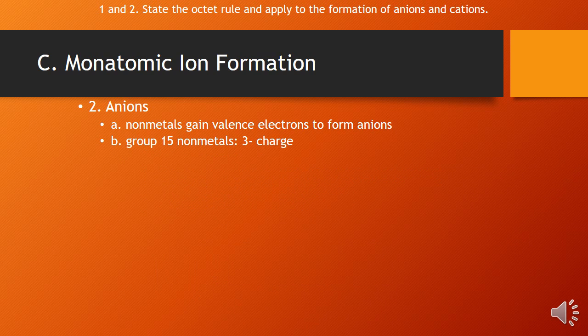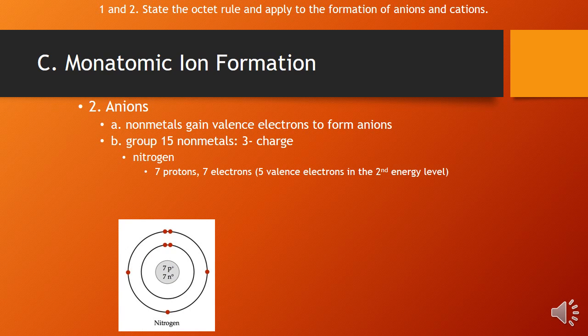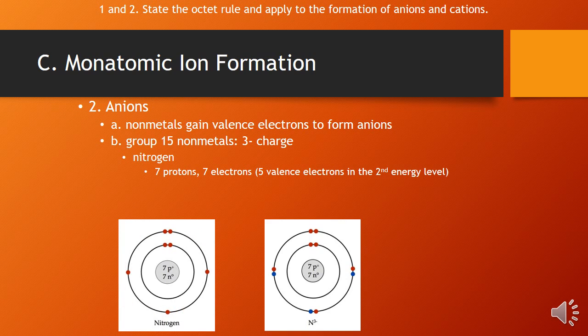Let's take a look at group 15. If you follow the trend here, you'll see these will all be 3 minus. If we look at nitrogen, nitrogen has 7 protons because it's atomic number 7, and it has 5 valence electrons. It's in group 15. So notice our diagram here, we have 5 valence electrons. It would then gain 3 to fill that octet.